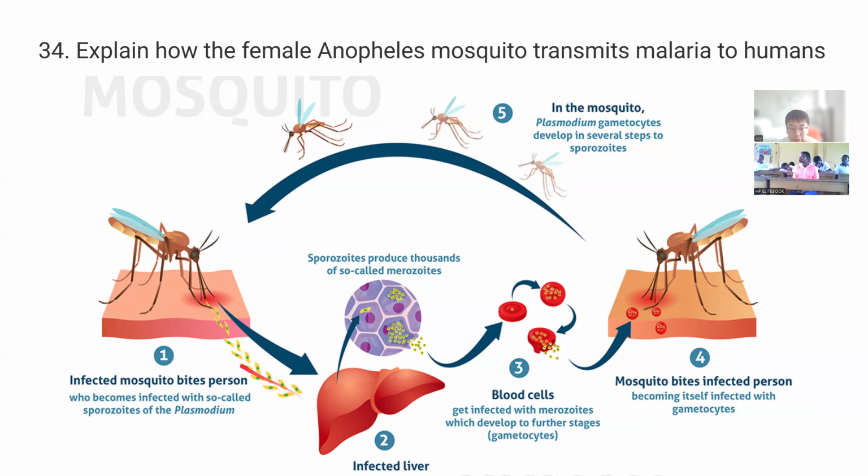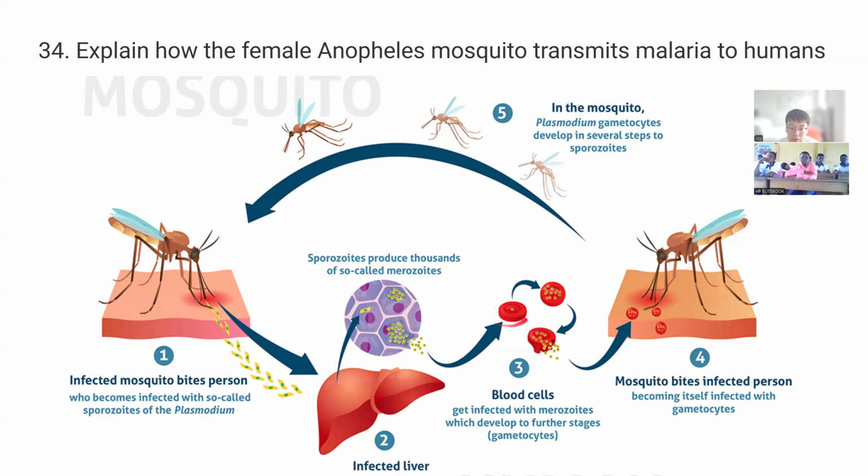Once these sporozoites enter our body, they go into our liver and infect our liver. And from the liver, the sporozoites produce thousands of what's called merozoites. And once these merozoites are produced in numerous amounts, these cells usually rupture, and it leads into our bloodstream.